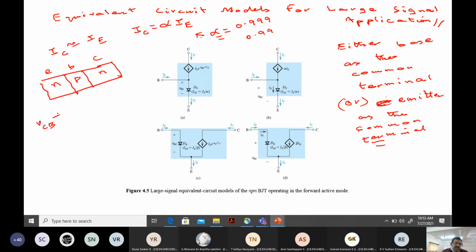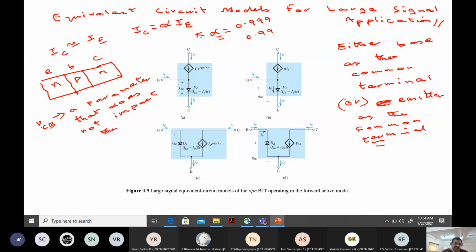Remember, VCB for active mode operation is not a parameter that impacts the device operation.